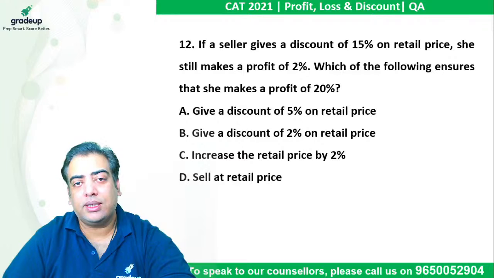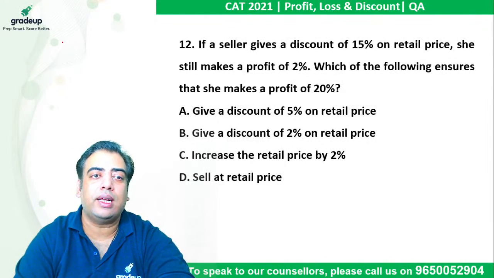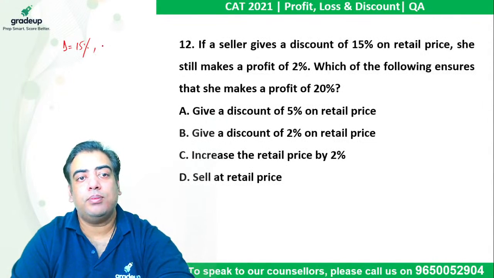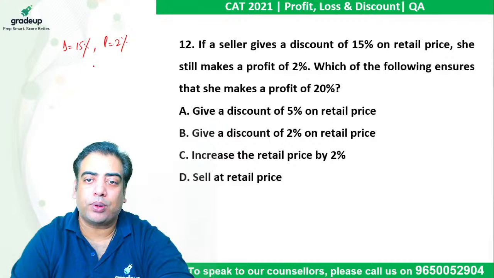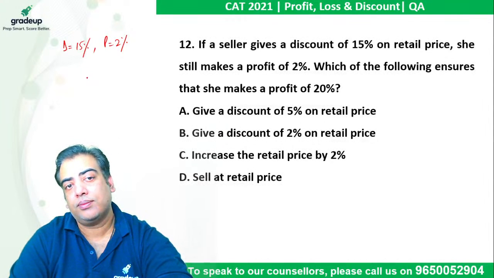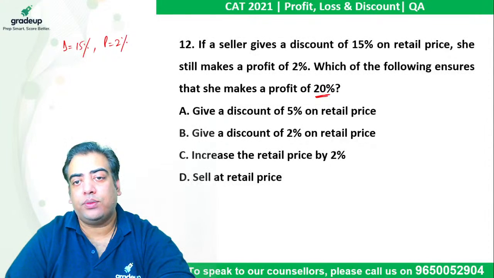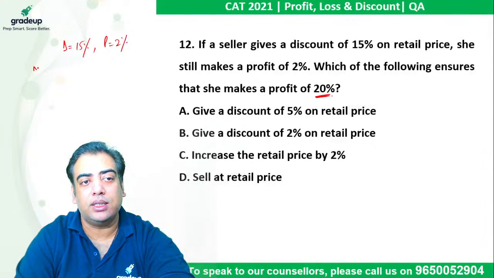Okay, now in question 12 it says, if a seller gives a discount of 15% on retail price, she still makes a profit of 2%. Which of the following ensures that she makes a profit of 20%? So in order to get a profit of 20%, first of all, we must observe the markup percentage.